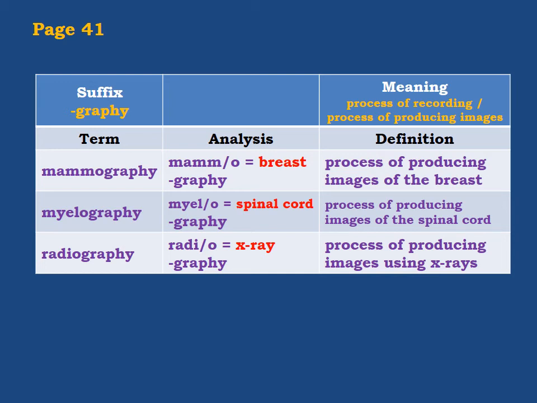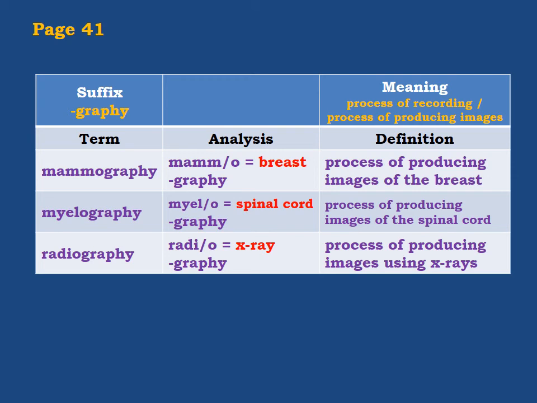The next term, myelography. Myel, again, we took it before, it means spinal cord. So the meaning, process of producing images of the spinal cord. The next term, radiography. Radi means X-ray, radiation.